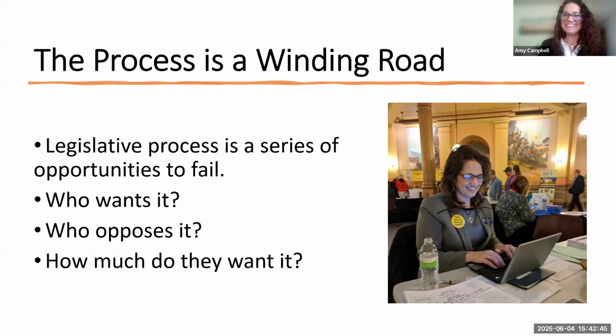I'm not going to be the Pollyanna that says that always happens, but I do think that we see, in mental health in particular, most of our mental health issues that ultimately pass at the end of the process have had bipartisan support. They're not just one side or another getting their way, and they tend to have a lot of compromises in them that have occurred.